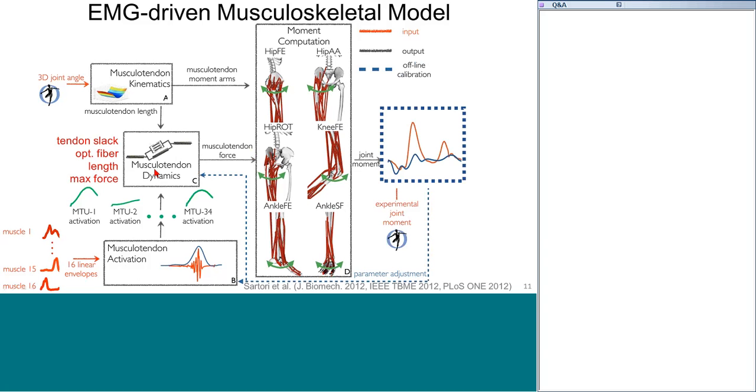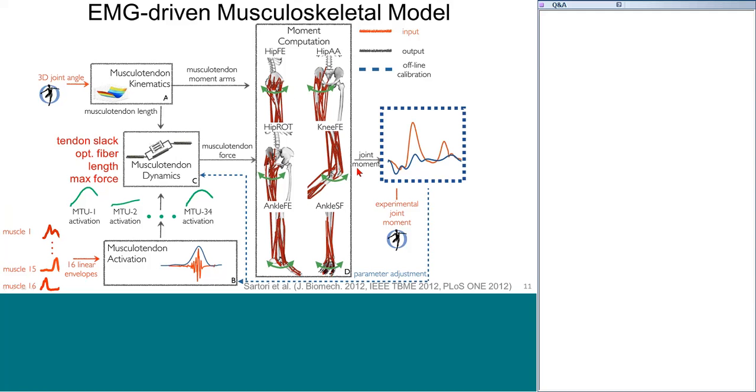And the idea is to actually start off this optimization process giving the model a generic set of parameters that describe an average subject, and the model will use these parameters together with input data taken from a pool of calibration trials, and will produce estimates of muscle force and joint moments.